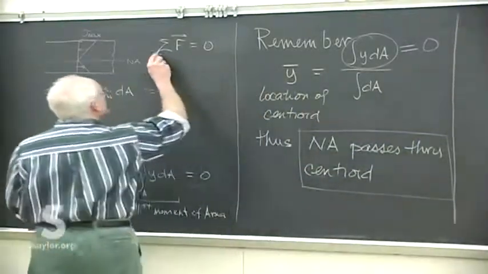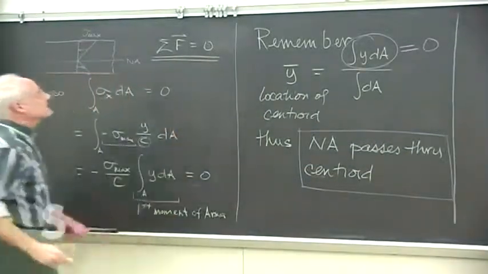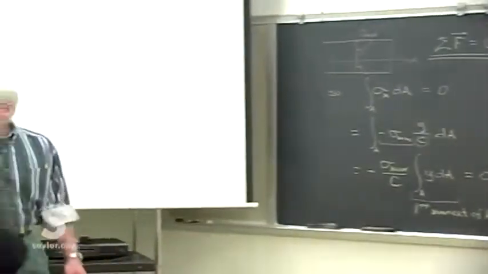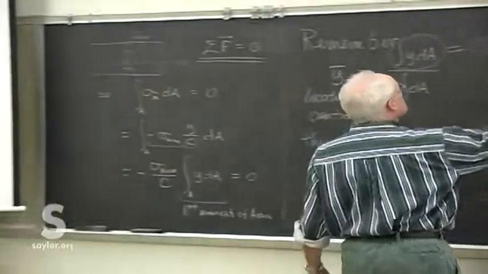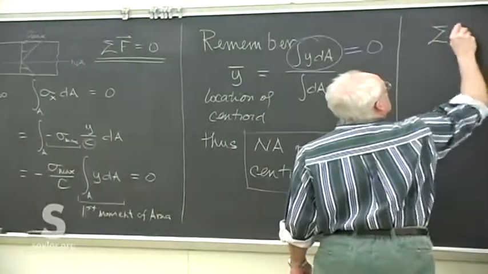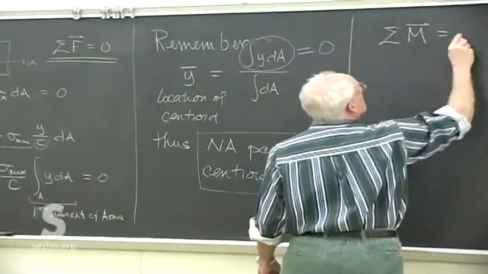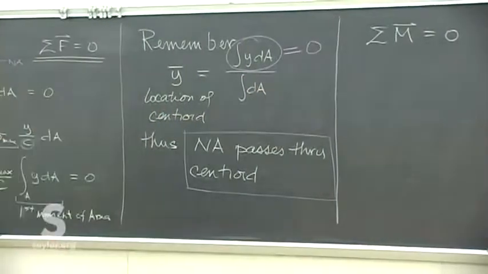All right, so that's our first static requirement for this class. Remember, this is a class in statics itself. The second is that the moments must also sum to 0.